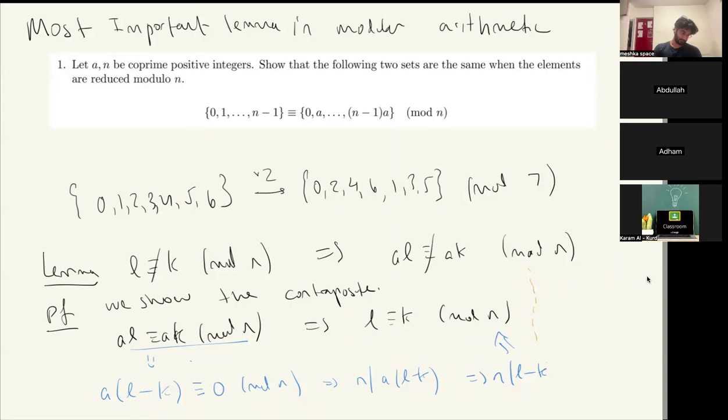So maybe I'll make a side comment here. The fundamental step in this proof is that if N divides A times B, and A and N are coprime, then N divides B. This is the key step. There are two ways to show this.